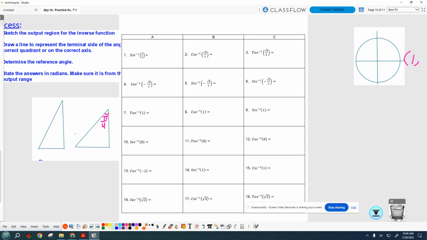Don't be mad at me. And Eliza, is x the sine value or the cosine value?